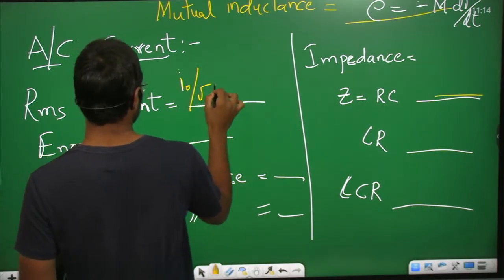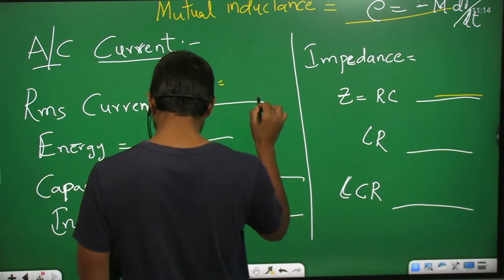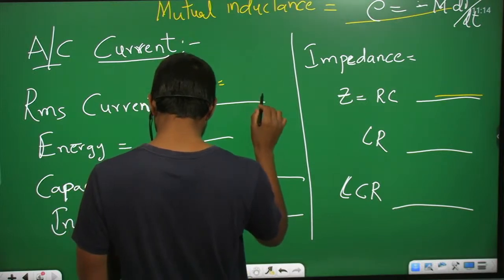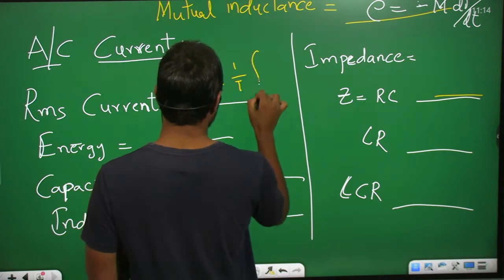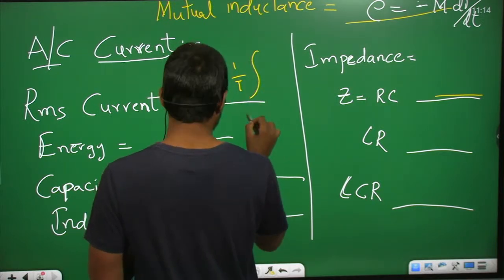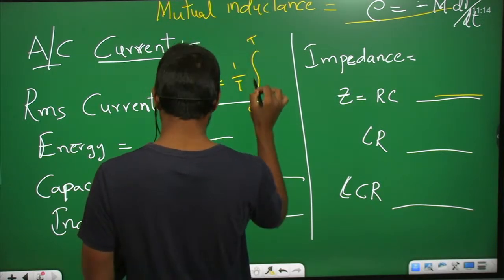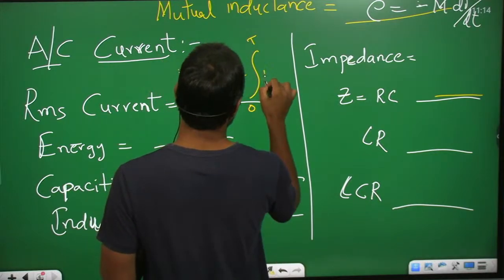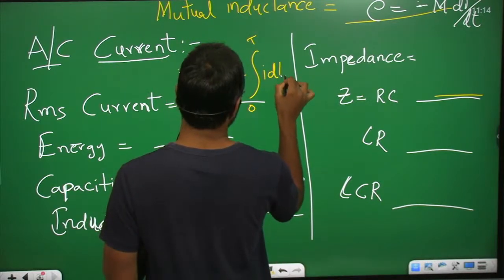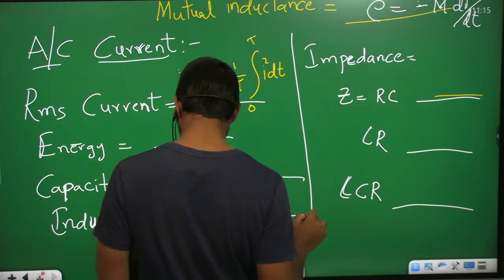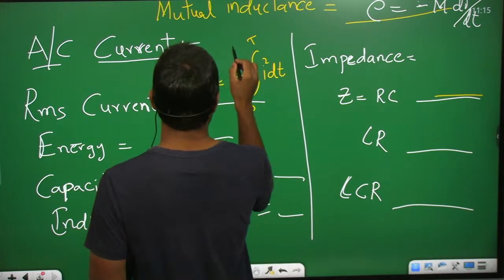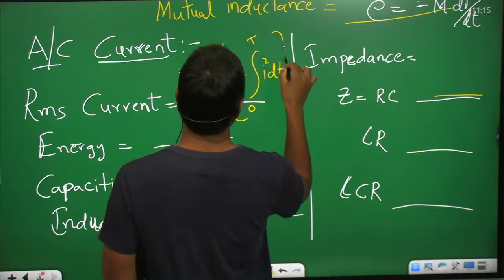This is the first form, and the basic form is 1 by T integral 0 to T of I square dt, whole power half.